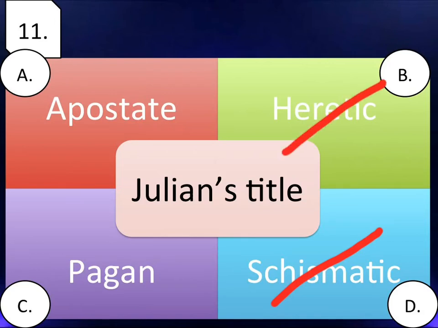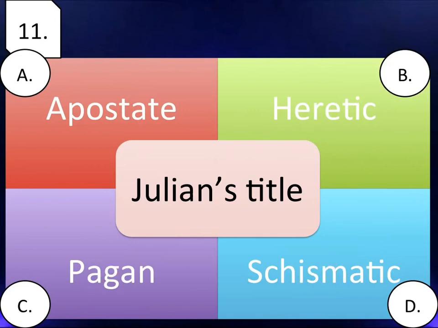He didn't object to one view about Christ, he objected to all of them. Now you might say, was he a pagan? Yes, he was a pagan, and even tried to get a pagan church going, but historically his title has not been Julian the Pagan, but Julian the Apostate. Apostasy is the sin of entirely abandoning one's faith, which Julian did in order to pursue or re-pursue paganism.